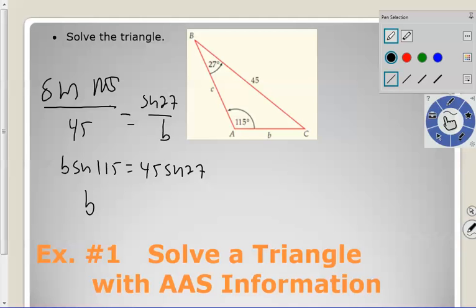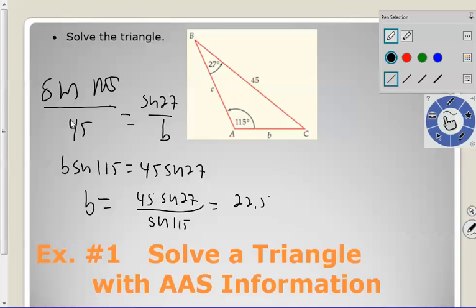So b is equal to 45 sine 27 all over sine 115. So then that gets you something around 22.5, right? I have side b is 22.5.